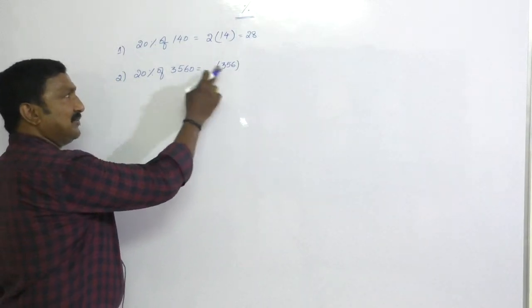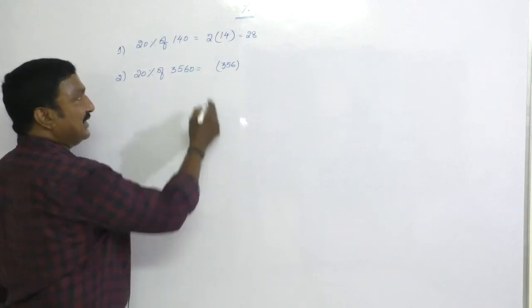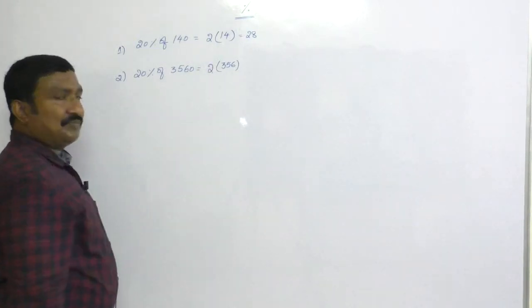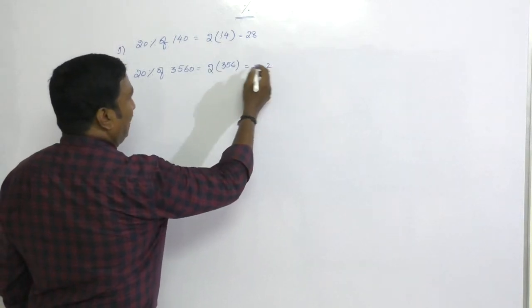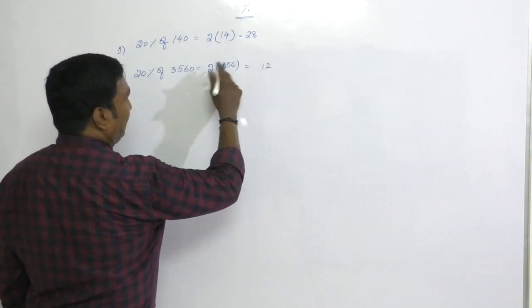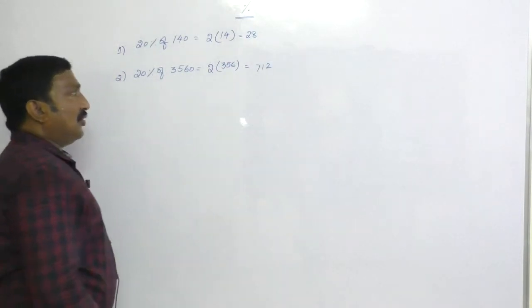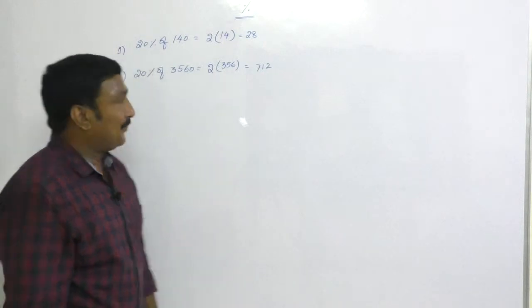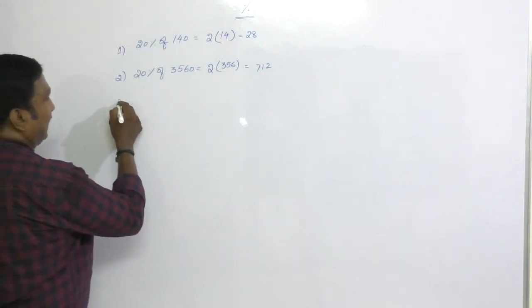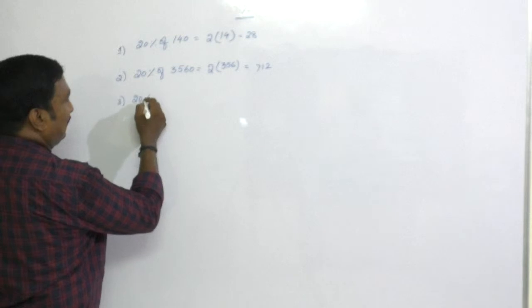That means 2 times of 10% is equal to 20%. So I have to multiply it by 2. Right? So how much will it come? 2 6s are 12, 1, 2 5s are 10 plus 1, 11, 2 3s are 6 plus 1, 7. So 20% of 3560 is 712.